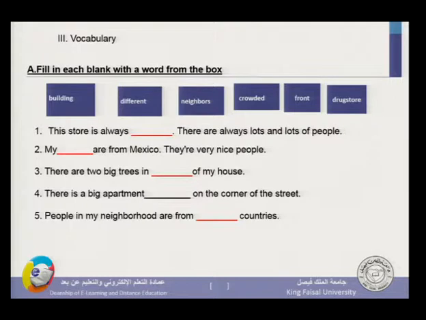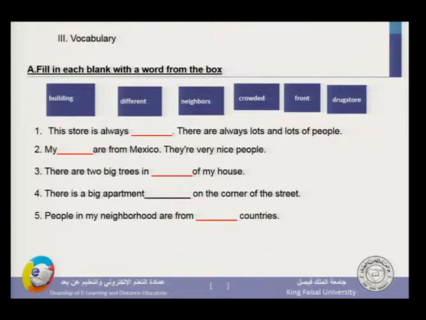My neighbors are from Mexico. They are very nice people. They are very nice people can tell me about the verb which is to be used. My neighbors are from Mexico. They refers to the noun neighbors, a plural noun. So my neighbors are from Mexico.